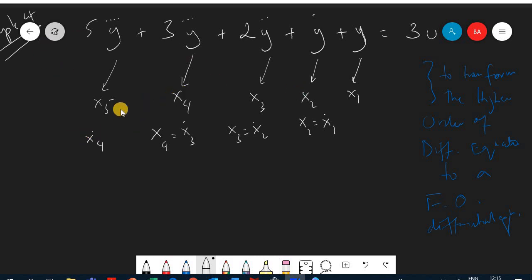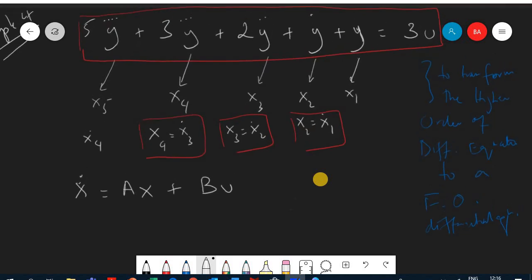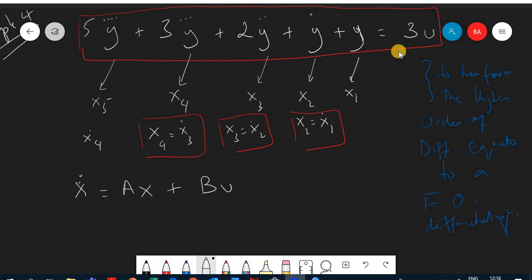So if I write all my equations, what are my equations here? I have one equation, two equations, three equations, and I have my main equation that still remains. I want to write everything I have written as an equation in the format of x dot equals Ax plus Bu. In this case, I'm going to start with the main equation here, the big one, and rearrange it.